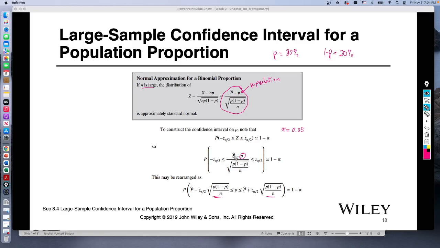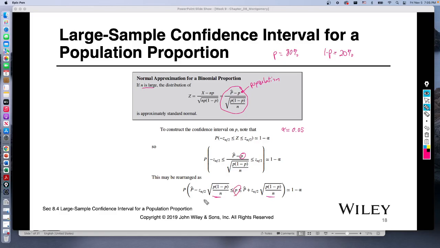Then you bring p over, and this is a negative, so you're subtracting it from there, and this becomes a plus, you add it. You do some math magic, and in the end, the population is bounded by these two sides. That gives us our 95% confidence interval. And again, what that means is 95% of our samples would return a proportion within these boundaries.